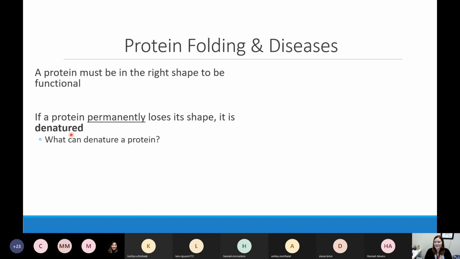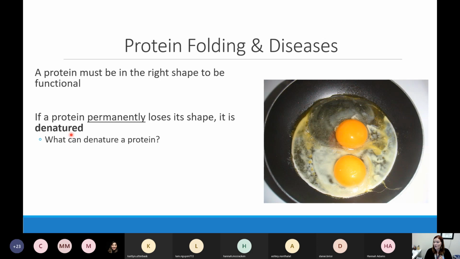There are many different ways that you can denature a protein. One of the ways that you're most familiar with is by adding excessive heat. So over here in my picture, we're seeing 2 eggs that are in a pan. We're frying these eggs. When you fry eggs, you take the proteins that are here in the whites of the eggs that are really clear.